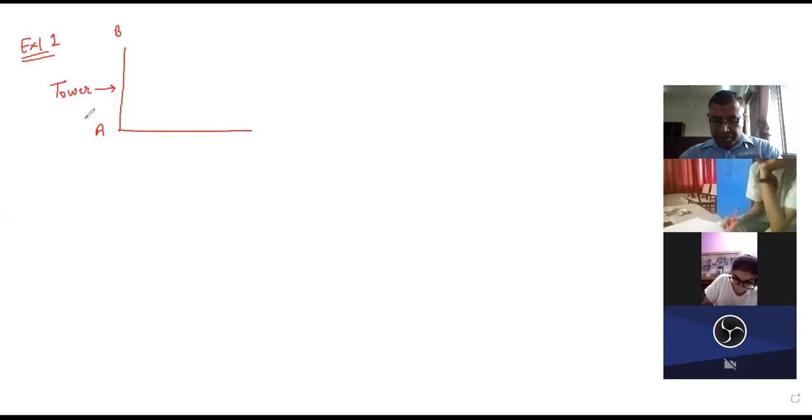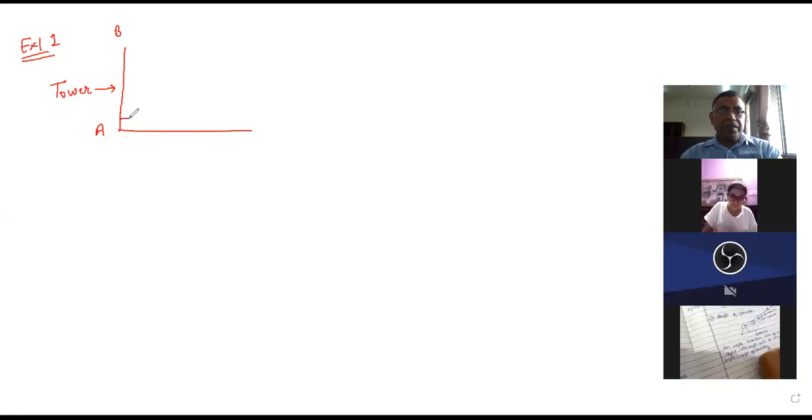This is a tower. It is standing on the ground. I'm going to write it as AB, and this is the ground. Because this is standing straight on the ground, quite obviously this angle must be 90, and this is the ground AC.